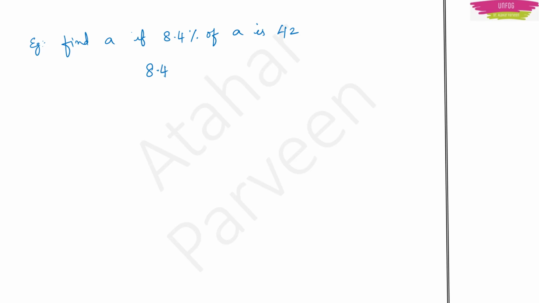It is 8.4 divided by 100. Of means multiplication into A. Is means is equal to. Remember, of means multiplication, is means equal to. These are the symbols. If you don't understand anything, just remember the symbols with the words. It will make things very much easier for you. Okay. This will be 42.